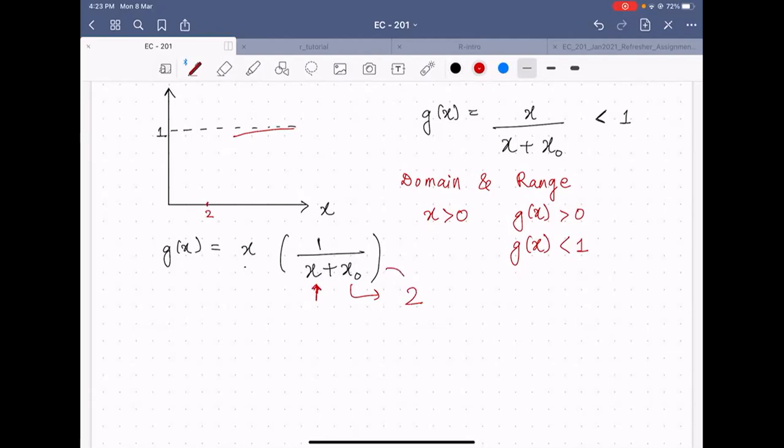So we can approximate that this is almost equal to 1 by x naught. Or say the value of x naught is 20 or something, and my value of x is around 0.01. It's not really significant, doesn't make a difference. So I can approximate my function as 1 by x naught.